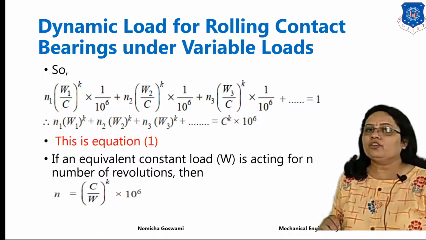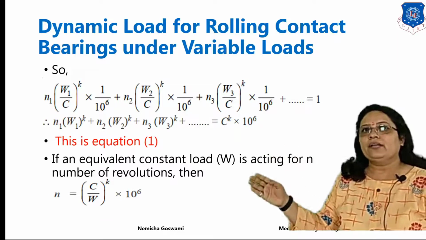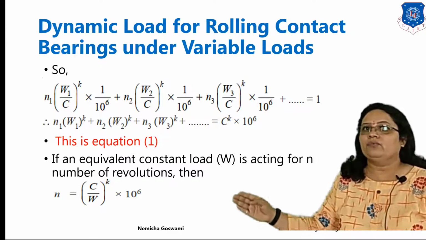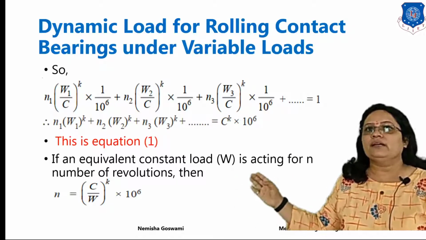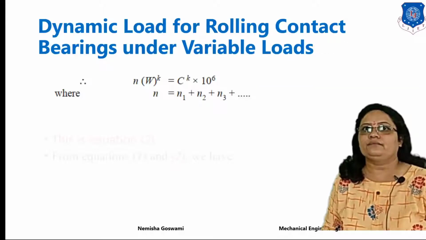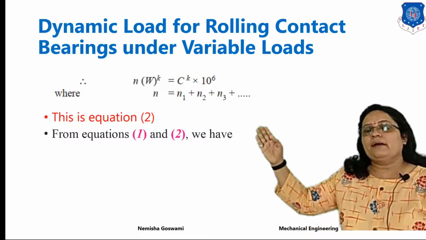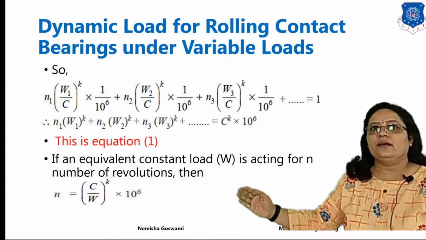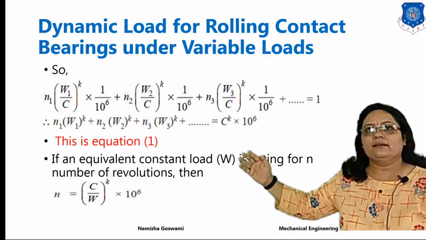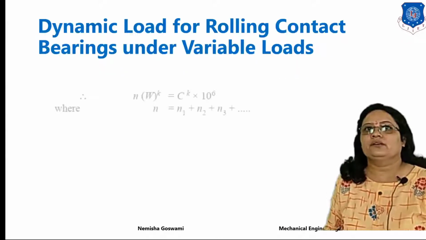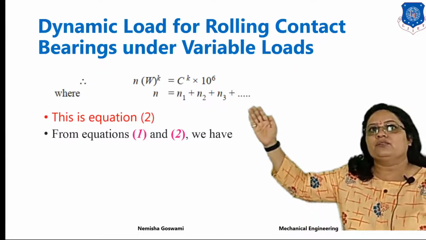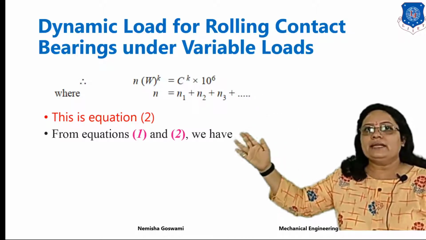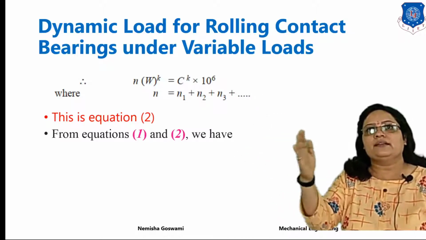Similarly, for an equivalent constant load W acting for N revolutions, N is equal to (C divided by W) to the power k into 10 to the power 6. Shifting W towards N, we get N W to the power k equal to C to the power k multiplied by 10 to the power 6, where N is equal to N1 plus N2 plus N3 and so on.